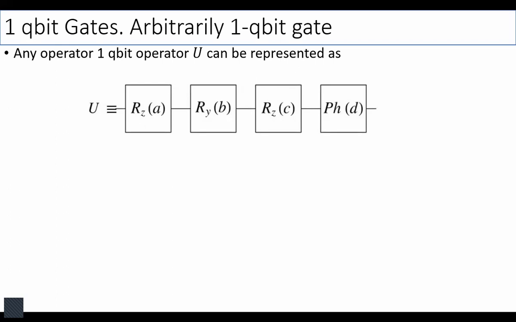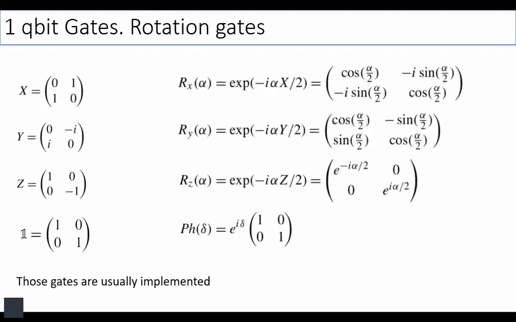I read it from left to right: Z rotation, Y rotation, Z rotation, and the multiplication by an equivalent. Z is this guy, roughly speaking, and Y is something inside real.